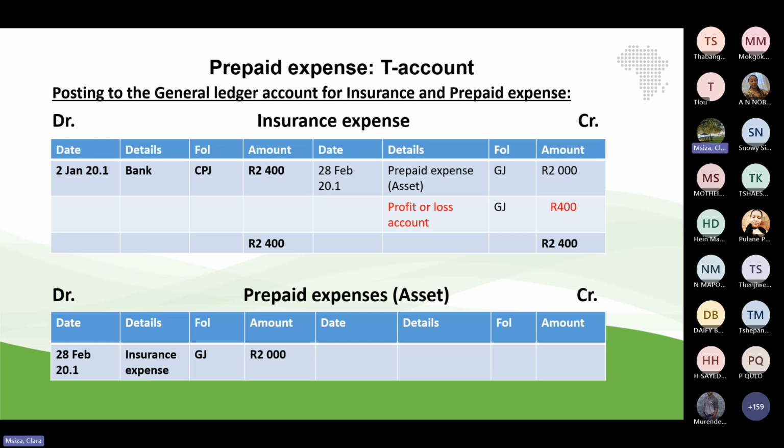We are doing the general ledger account for insurance and prepaid expenses. So there are only 2. When I look at your insurance general ledger expense, how are you going to record this transaction?